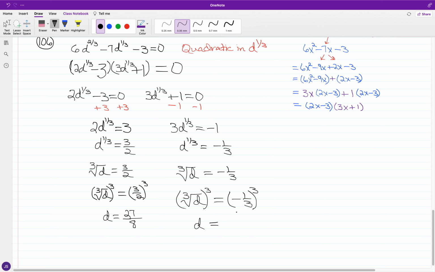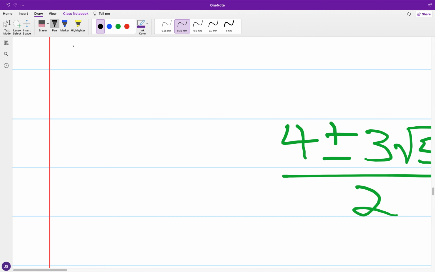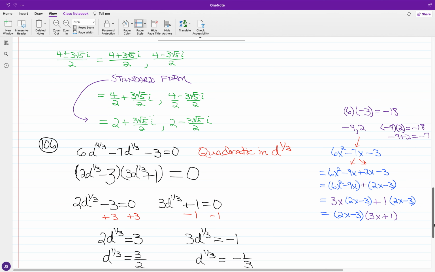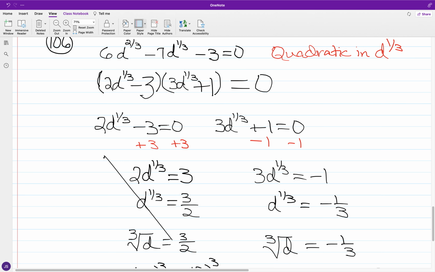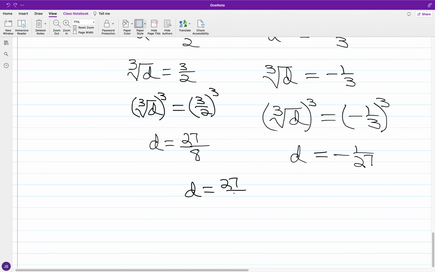And negative 1/3 cubed is negative 1/3 times itself three times, and so that is going to end up at negative 1/27. So you have 27/8 and negative 1/27.